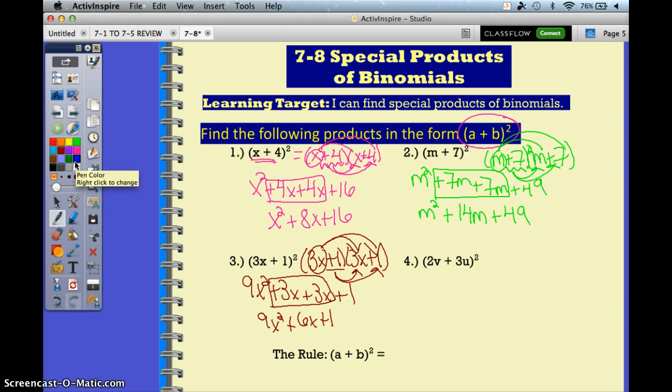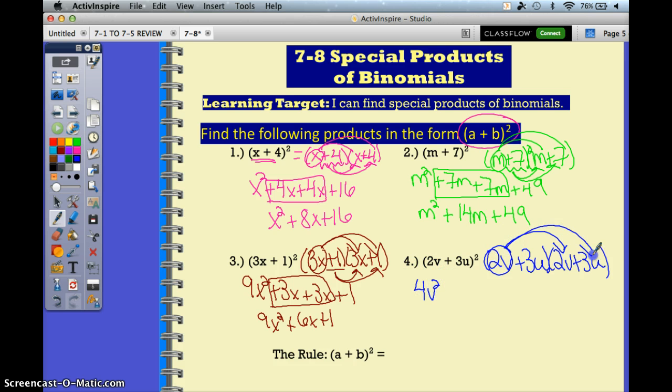Last but not least, we have 2v plus 3u times 2v plus 3u. 2v times positive 2v, you get 4v squared. 2v times 3u is plus 6, and again, go in alphabetical order, u, v, again, alphabetical order.